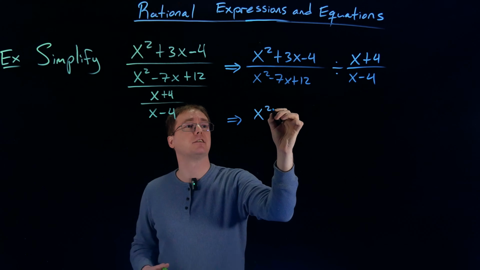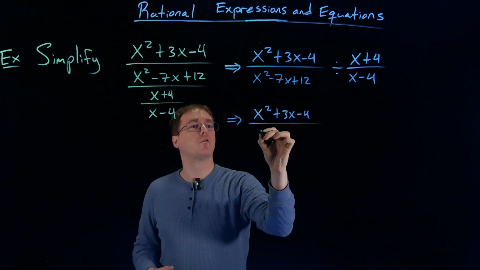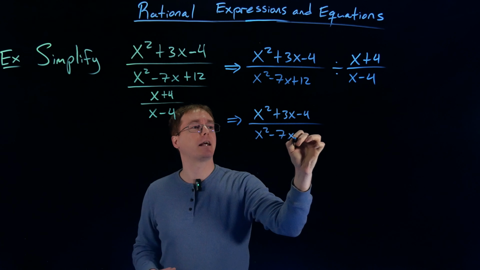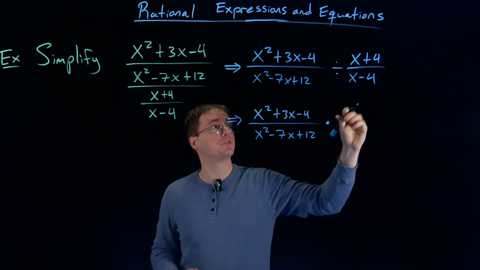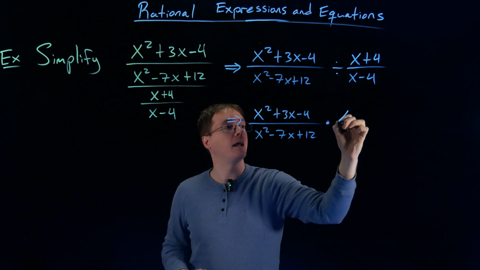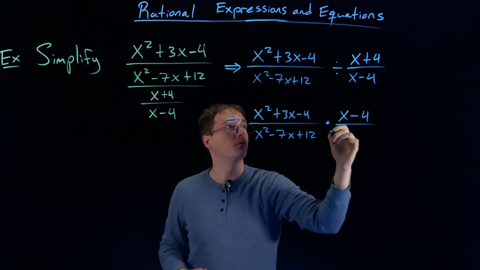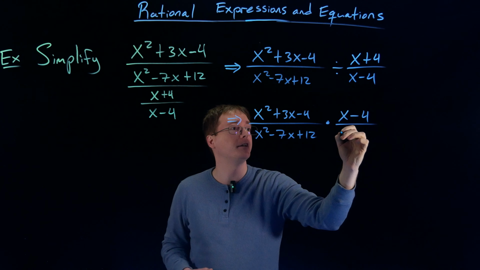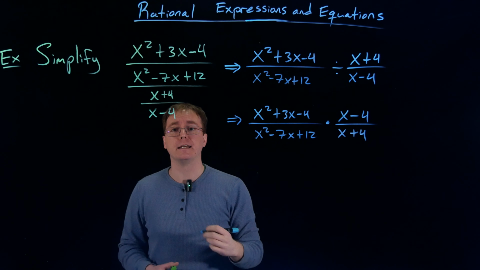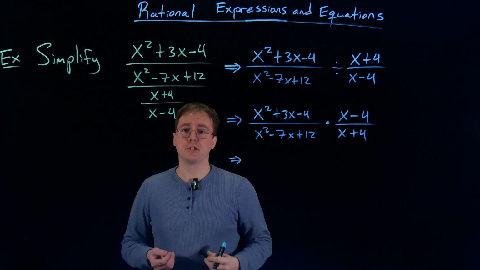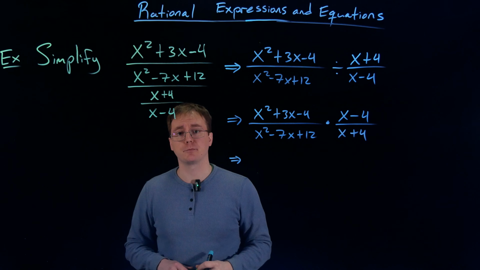So that means if we have x squared plus 3x minus 4 over x squared minus 7x plus 12, and we're dividing it by x plus 4 over x minus 4, that's the same as multiplying it by the reciprocal of our divisor. So flip that fraction over and turn that division into multiplication, and now we're multiplying by x minus 4 over x plus 4 instead. And so that little division trick helps us get rid of the complex fraction, but we're still multiplying some rational expressions together.